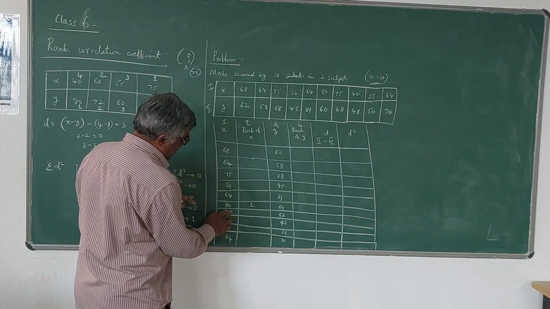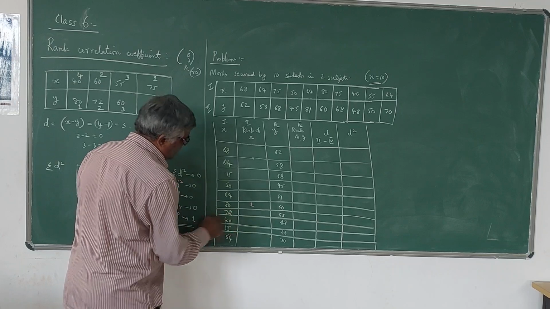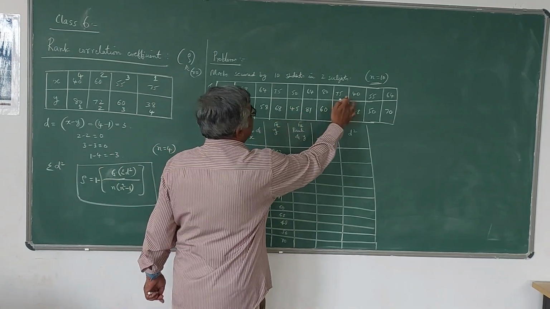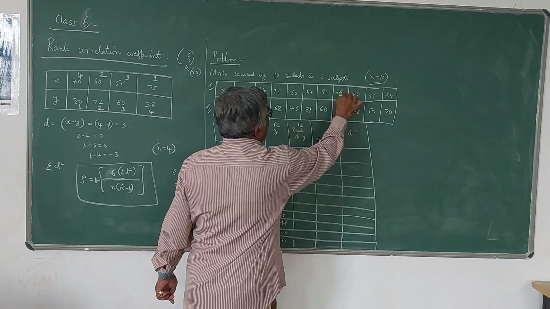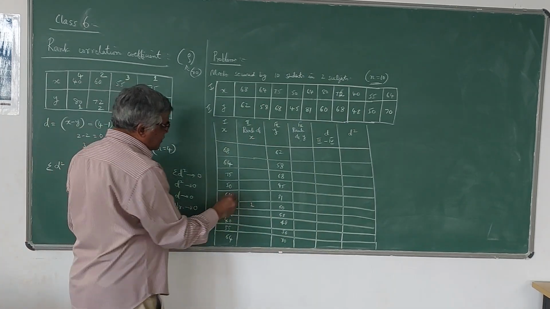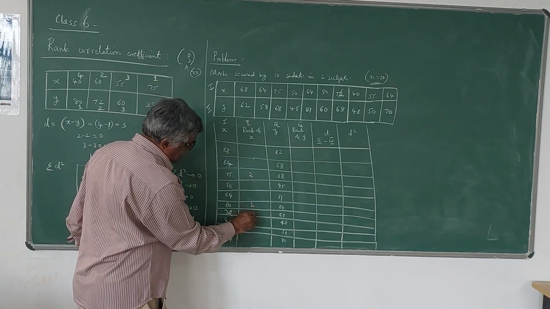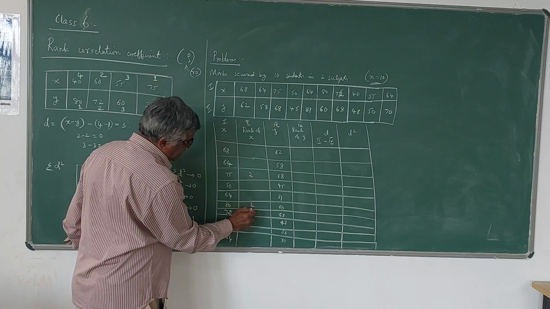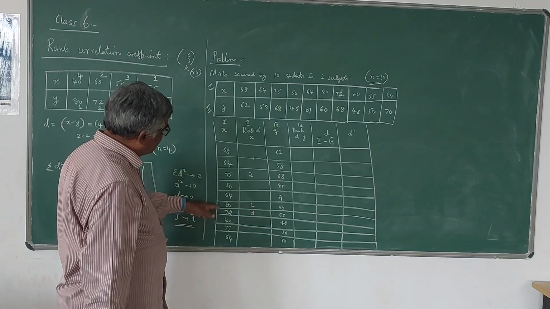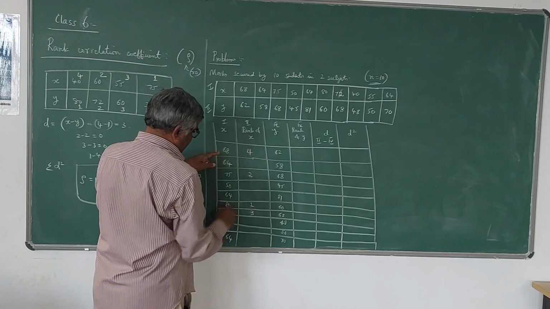I will take this as 72. Now 75 I will take as second rank. Then 72, third rank. Then comes 68, the fourth rank.